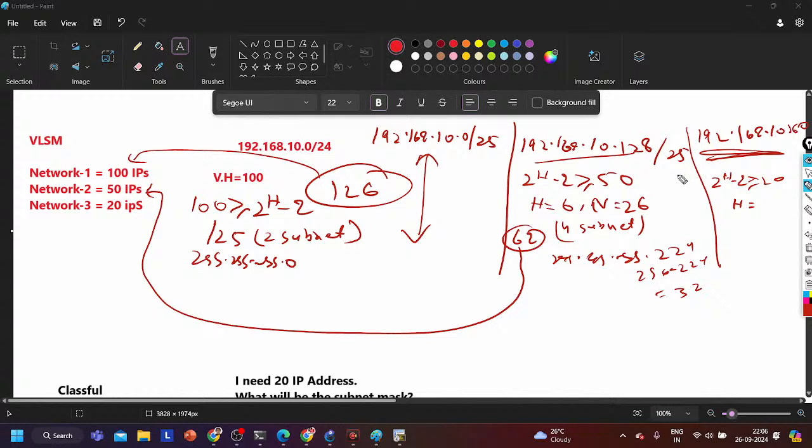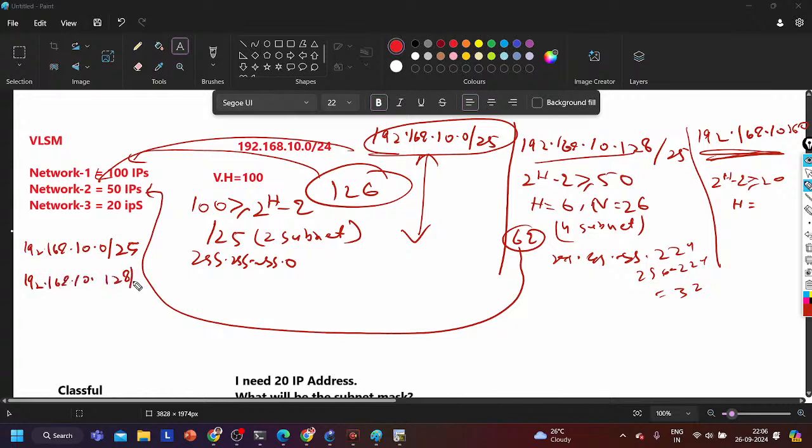So what I will do, I will use this subnet for network A. For network 1, my subnet is 192.168.10.0/25. For network 2, 192.168.10.128/26.